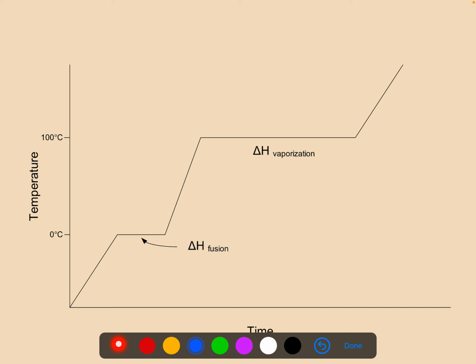Remember, melting is the amount of energy needed to melt 1 gram of a substance, which in our case will end up being 1 mole of a substance because of our units. Melting is going to be the heat of fusion. Vaporization or boiling is going to be heat of vaporization. Our values we're typically given in AP are in kilojoules per mole.